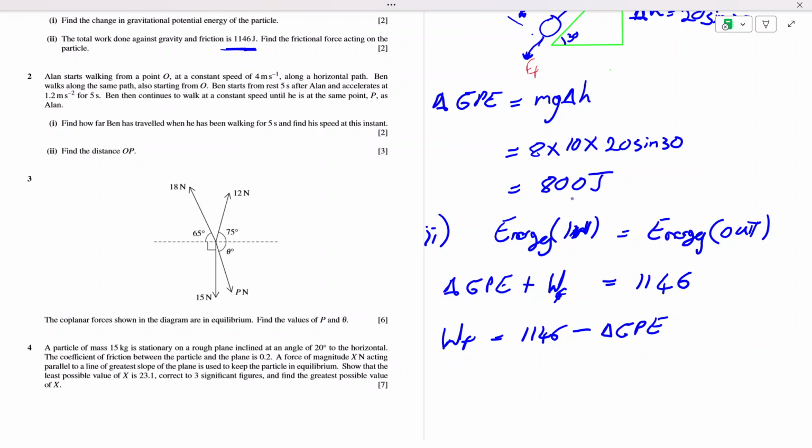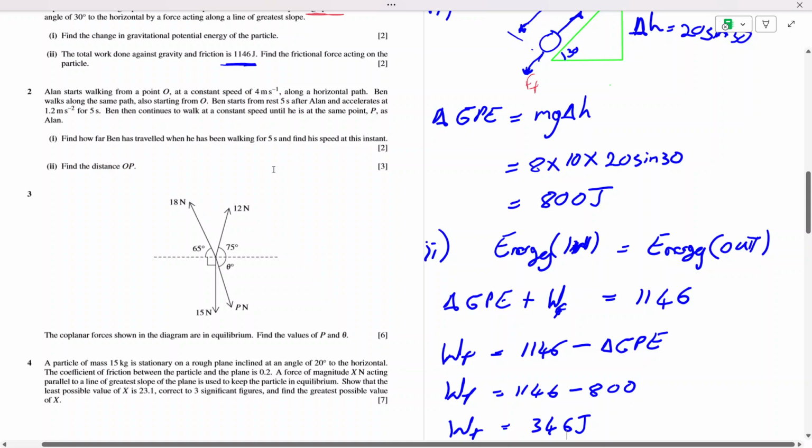And we found delta GPE as 800, remember here. So we substitute that, WF equal to 1146 minus 800. So our WF is going to be equal to 346 joules.